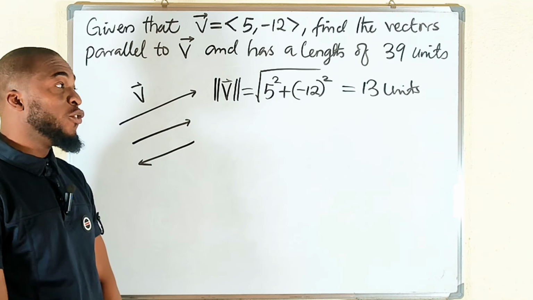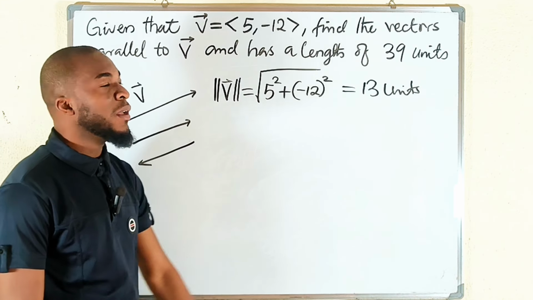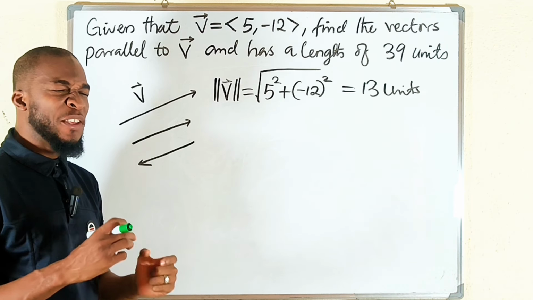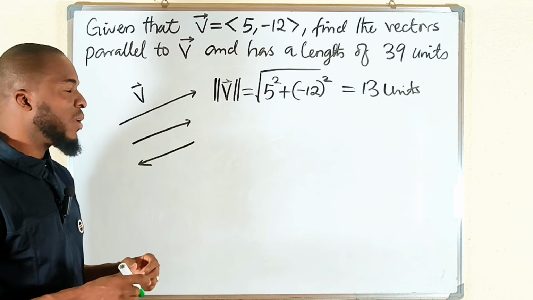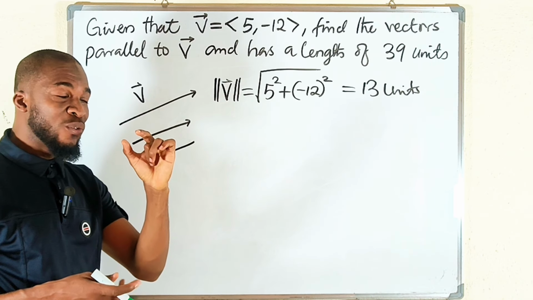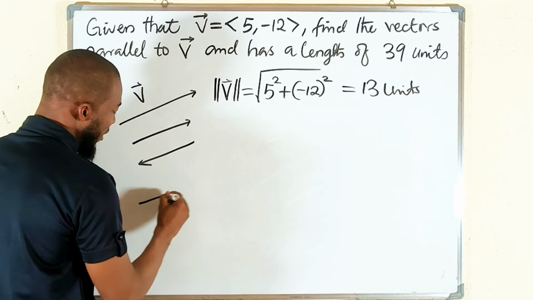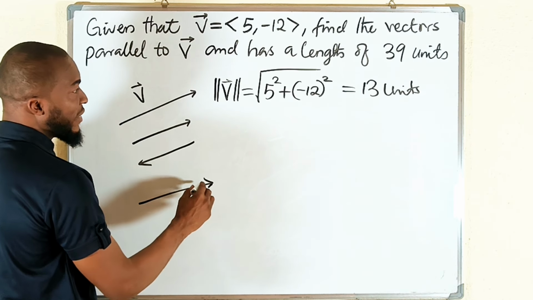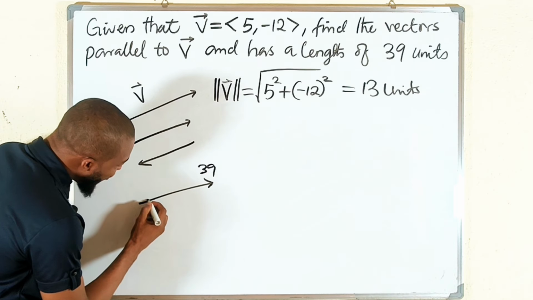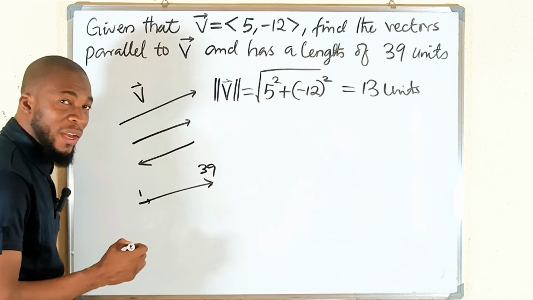So one thing you can do is to divide this particular vector by its magnitude, just to obtain a unit vector. What is a unit vector? A unit vector is a vector that has a magnitude of 1 unit. We would like to determine one vector that has a magnitude of only 1.